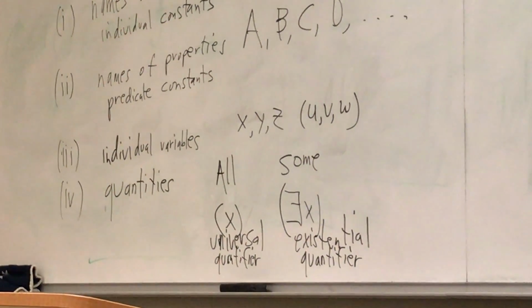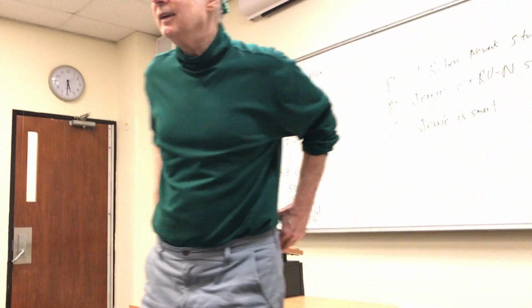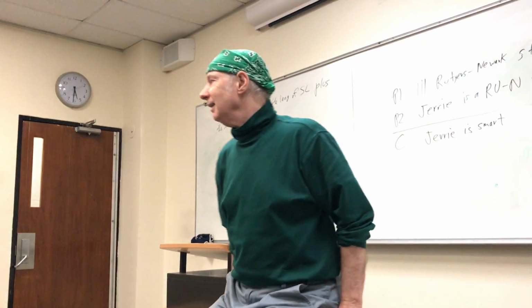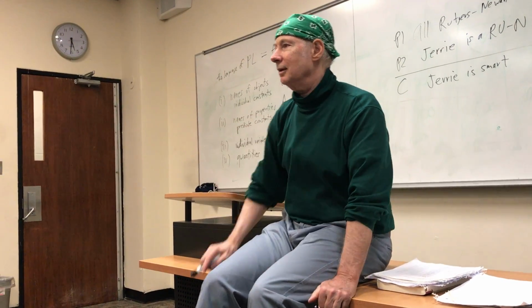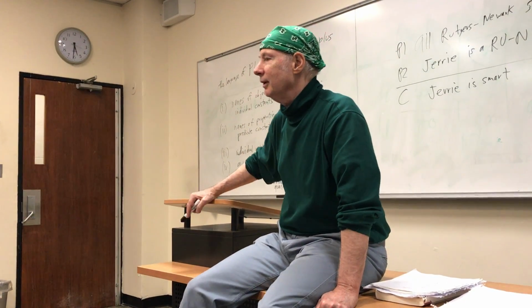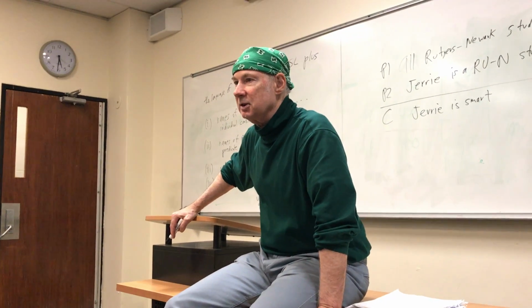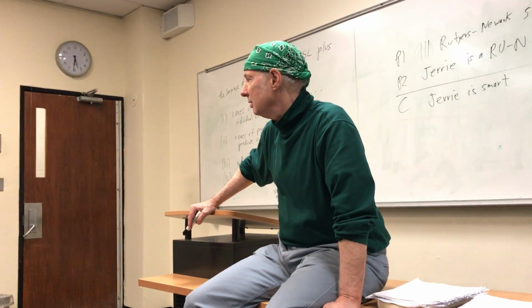That existential, don't think that's existential philosophy. And you're going to get a big dose of it if you write that symbol out. It just means existence. The symbol of existence.